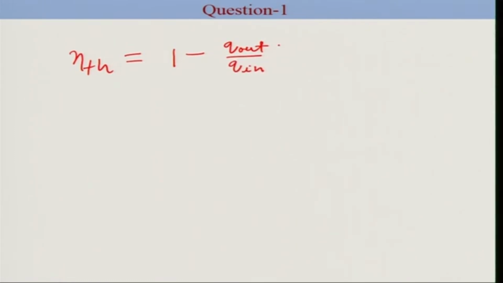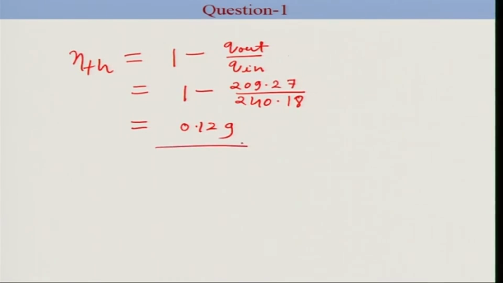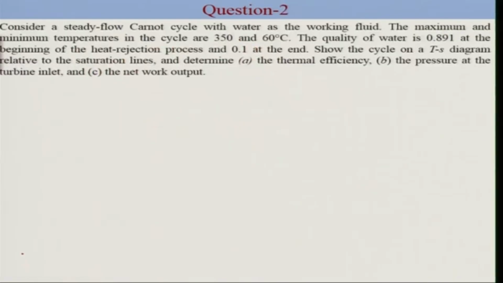So, after plugging it here, we get 1 minus Q out, which is 209.27, and Q in, which is 240.18. So, this gives 0.129. So, now moving to the next question.